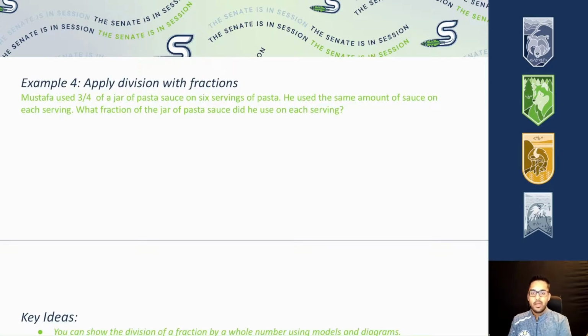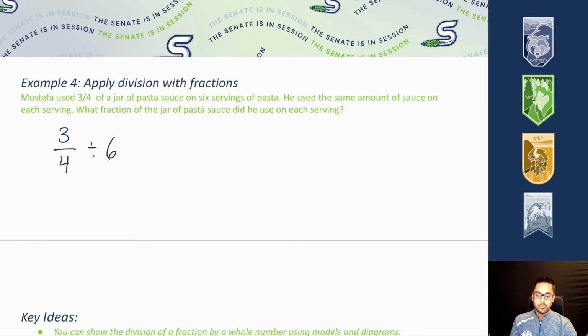Well, if I used 3/4 of a jar of pasta sauce for 6 servings, and each serving gets the same amount, really what we're asked to think about is taking that 3/4 and splitting it 6 equal ways. Okay, so however you choose to represent that, totally fine.